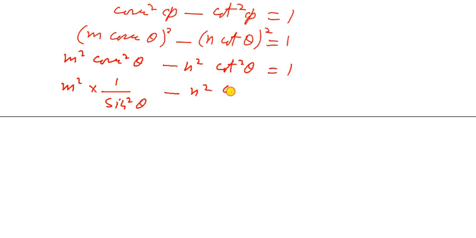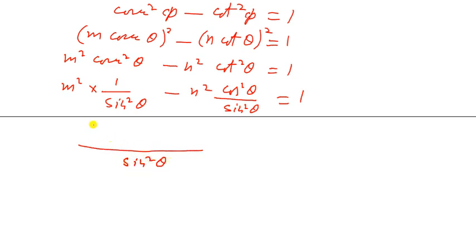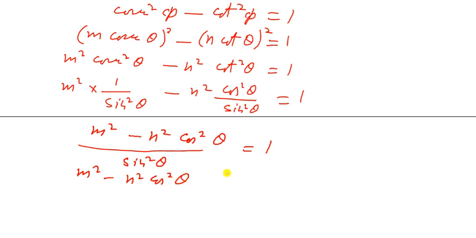Now change into sin theta. So m square into 1 upon sin square theta and minus n square cot square, that is cos square theta upon sin square theta, that is 1. Now taking the LCM, as you know, it is sin square theta, and here is m square minus n square cos square theta is equal to 1.